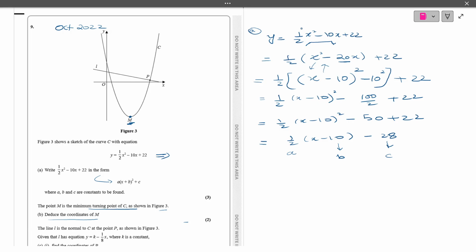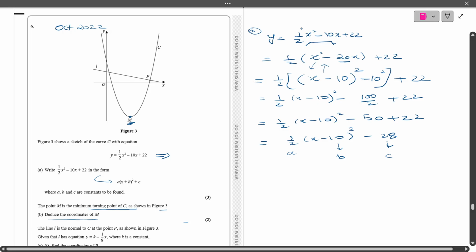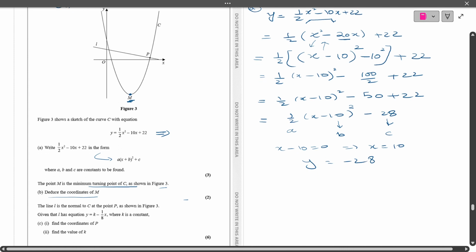So I have x minus 10, all squared, so I can write x minus 10 equals 0 to get x. So x is 10, and y is negative 28. The y value we do not change, we do not reverse the sign here, we write it as it is. So the coordinates of M are 10 and negative 28.